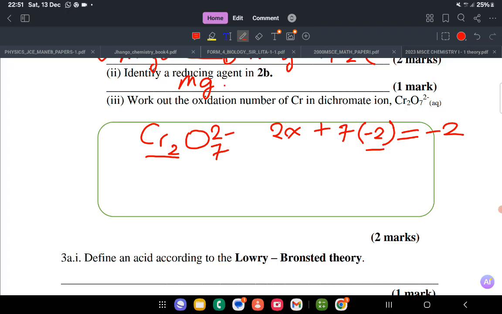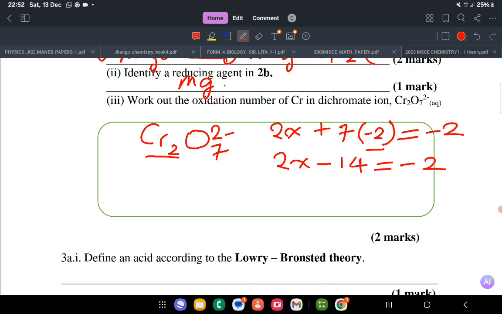That's the charge on an oxygen atom which is bonded to a metal ion. So we need to solve for x. 2x minus 14 is equal to minus 2.